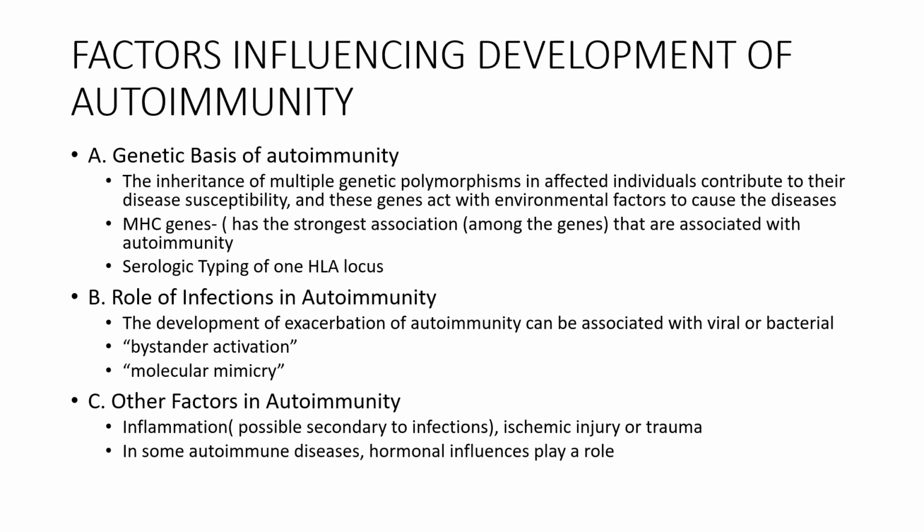Well, the development or exacerbation of autoimmunity can be associated with viral or bacterial bystanders, or what we call molecular mimicry. Molecular mimicry refers to the fact that many individual viral or bacterial agents contain antigens that closely resemble self-antigens.